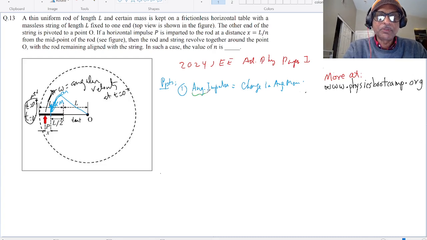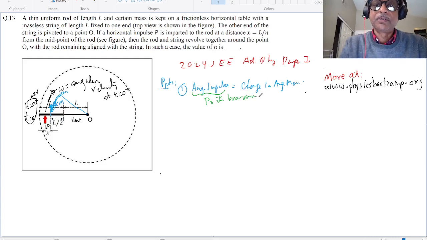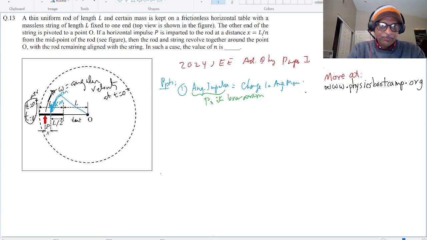Angular impulse will be the impulse P times its lever arm.